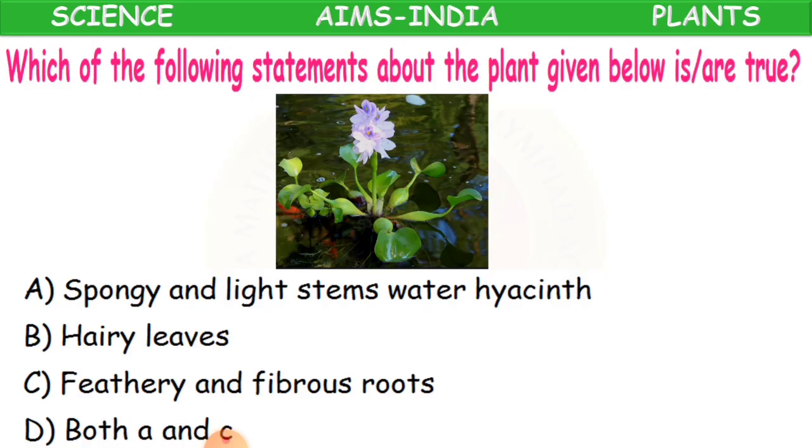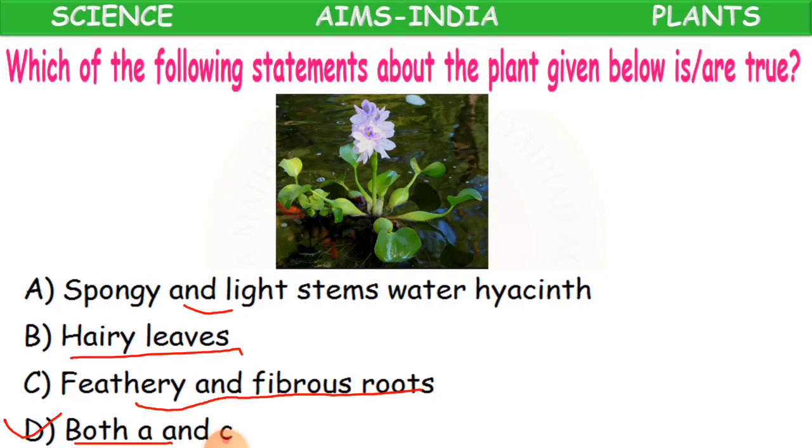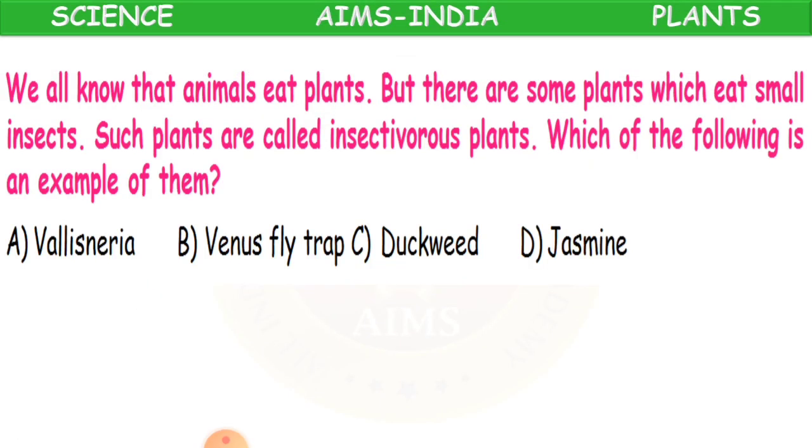A is spongy and light stems, water hyacinth, B is hairy leaves, C is feathery and fibrous roots, and D is both A and C. And the answer is both A and C, that is D option. So it has got spongy and light stems, water hyacinth, and it has got feathery and fibrous roots. Okay, children, clear? Now the next question.